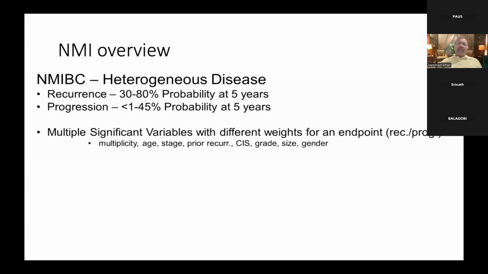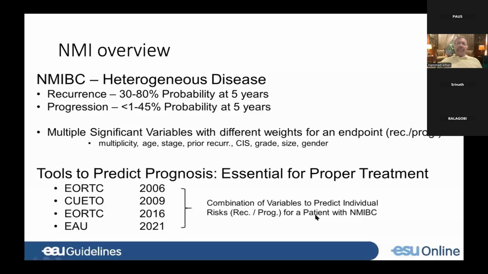The variables which have been looked into include the multiplicity of the tumor, age of the patient, stage, prior recurrence rate, carcinoma in situ, grade of the tumor, size, and gender. Some of these have been incorporated into various risk calculators or risk assessment tools. Historically, the first one was the EORTC in 2006.